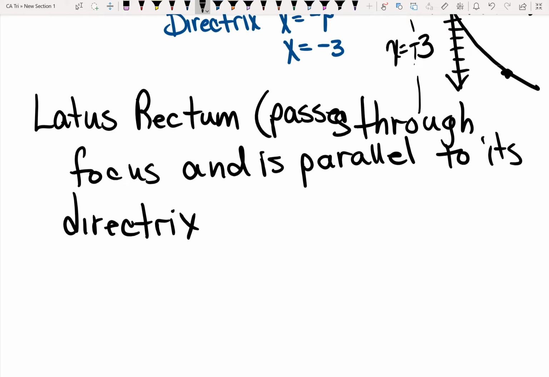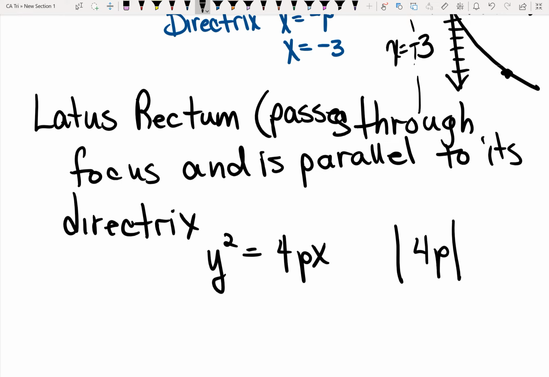Now, if you look at this carefully, you have y squared is equal to 4px, where the absolute value of p is what we're going to use. This is the definition or the formulation you're going to need for the latus rectum.